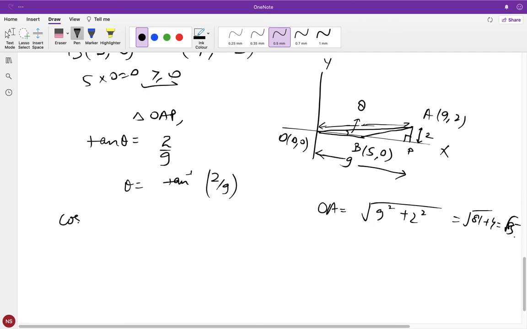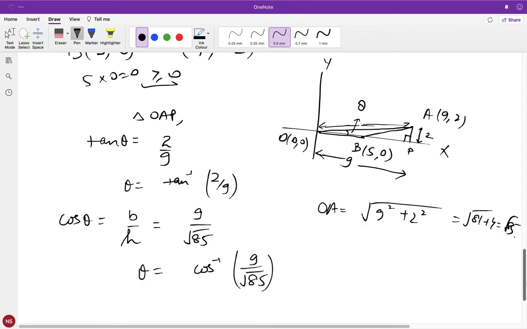So cos theta is what? Cos theta is base upon hypotenuse, class 10th trigonometry. Base is 9, hypotenuse is root 85. So theta is cosine inverse of 9 by square root of 85.